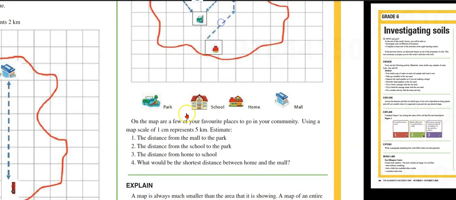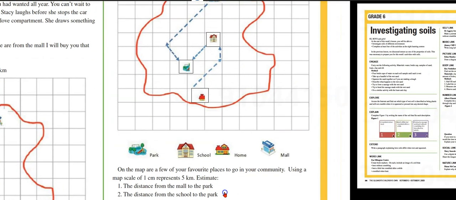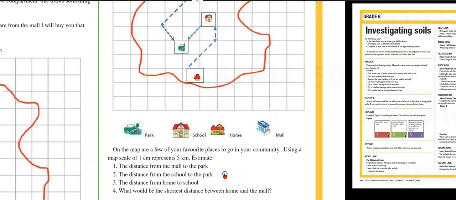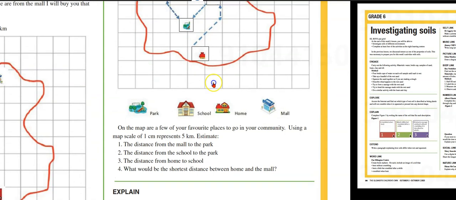All right. Let's go. Distance from the school to the park. Distance from home to the park. So from home to the park. All right.